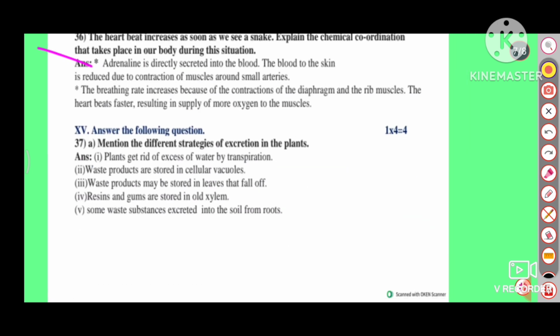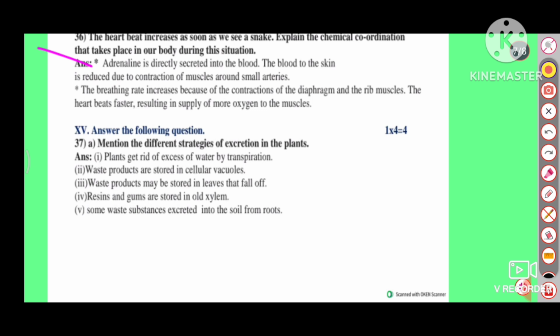Next question is, answer the following questions. Question is, mention the different strategies of excretion in the plants. Answer: plants get rid of excess of water by transpiration.